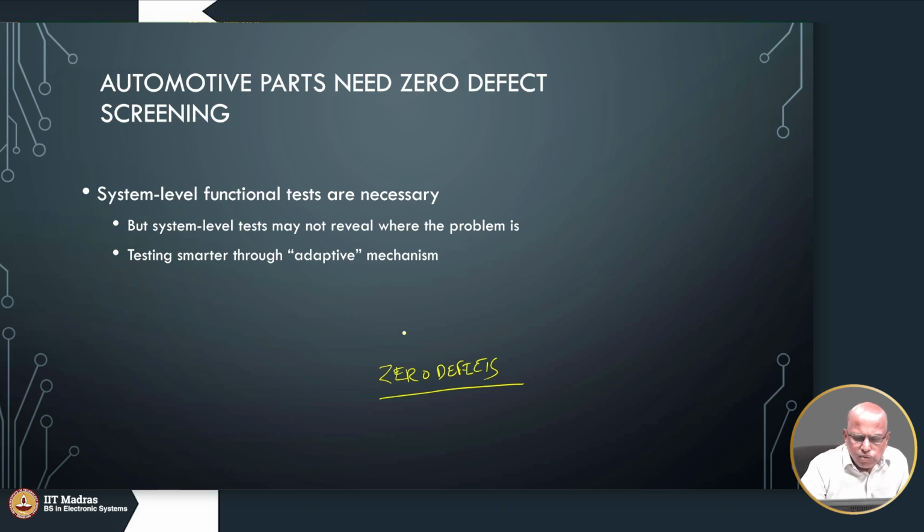So that is the reason why, in addition to things like scan test, including single stuck-at fault, bridge fault, TDF, etc., they are also bringing in system level tests. And we'll talk about adaptive testing later.